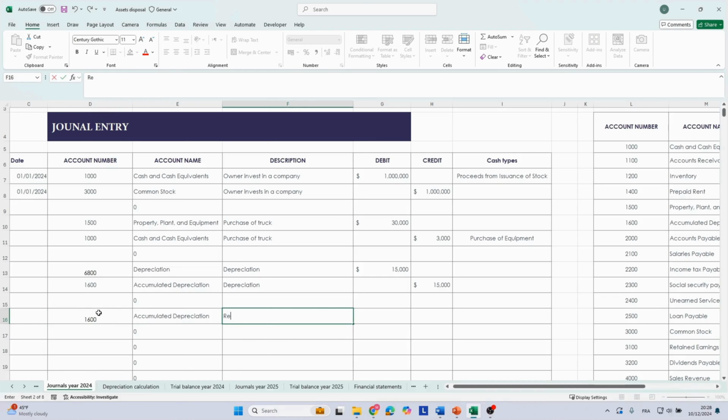Here the description will be recording sales, recording the sales for 18,000. Okay.